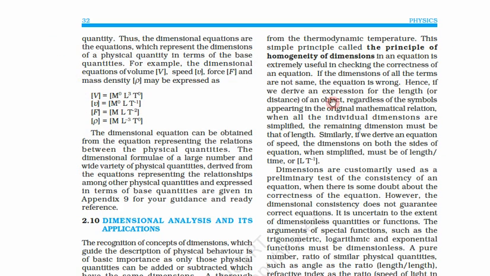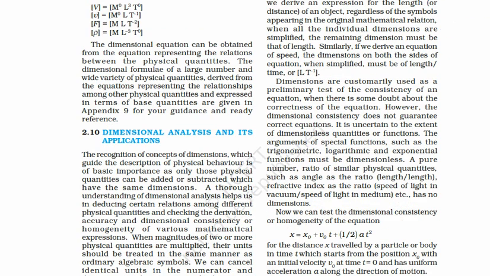So what is the benefit of dimensional equations? The dimensional equation can be obtained from the equation representing the relation between physical quantities. We have seen this for speed, this is s by t. Similarly, we can obtain these dimensional equations for different types of quantities, like F is equal to m into a.